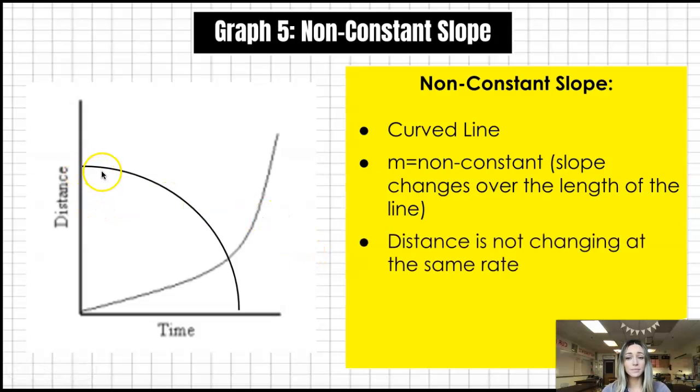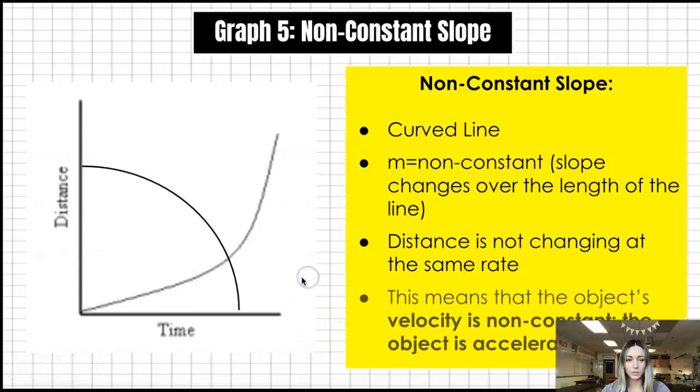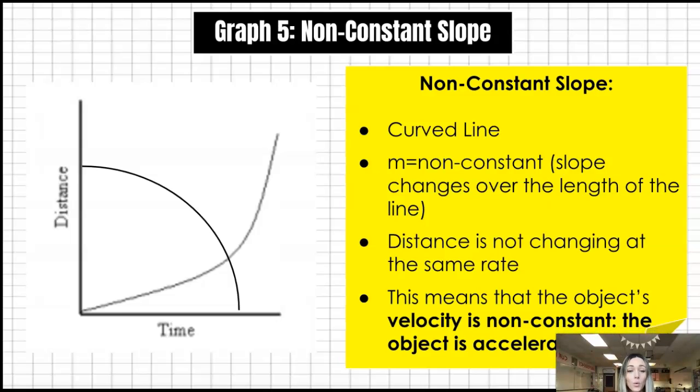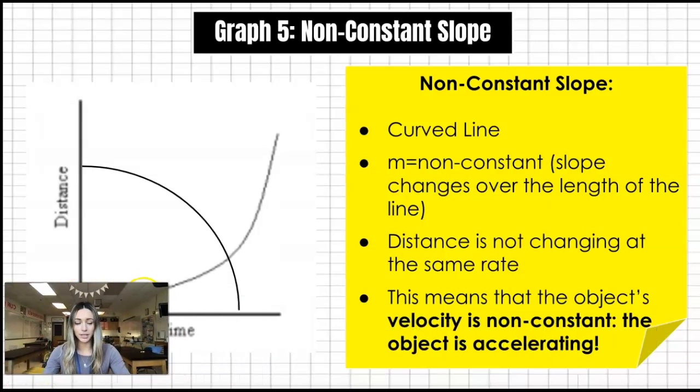This tells me that the object's distance is not changing at the same rate, which tells me that if I see a non-constant slope or a curved line, I know that the object's velocity is not constant or it is changing, and based on our definition of acceleration, we know that that tells me that the object is accelerating. So a curved line tells me non-constant slope, tells me velocity is non-constant, which tells me that the object is accelerating.